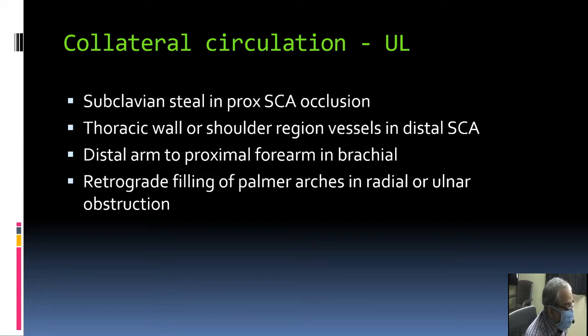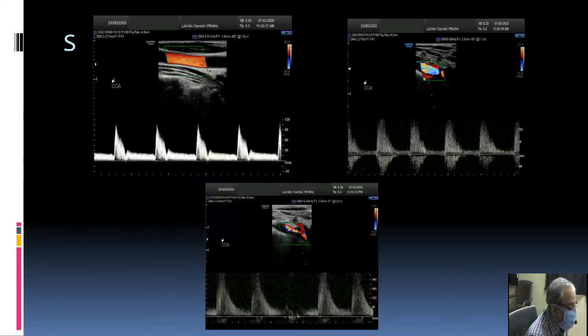In the forearm, the arteries around the shoulder joint may act as a collateral. And in case of radial or ulnar obstruction, there can be retrograde filling through the palmar arches. So there is abundant collateral supply, and that gives the refilling or reformation of the distal vessels, but that is always weak.